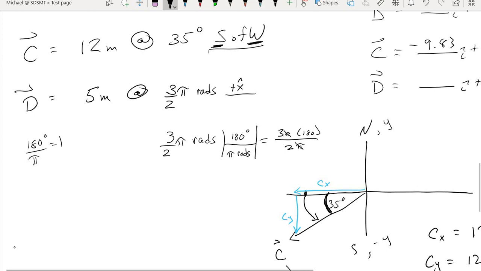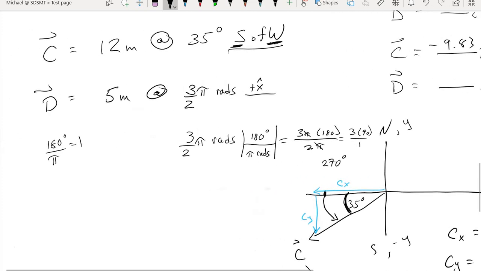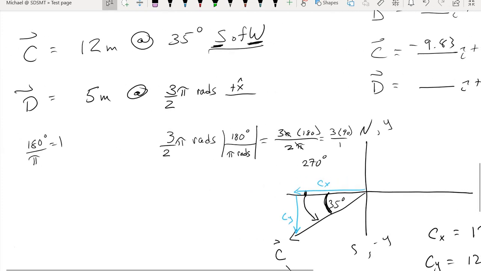The 2 and the 180 will reduce to 90 and a 1, and so what we have here is 3 times 90, or 270 degrees. In other words, vector D is pointing right along the negative y-axis.